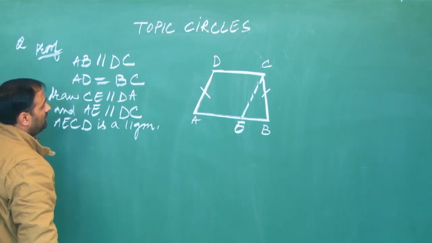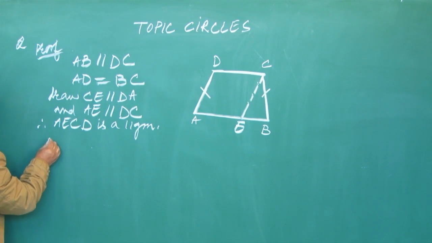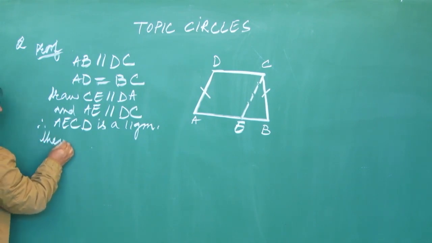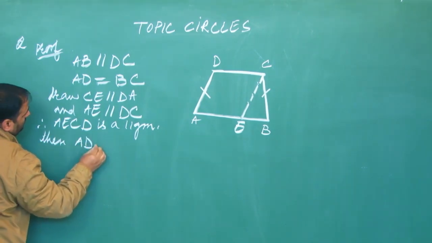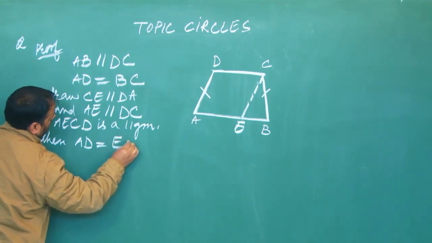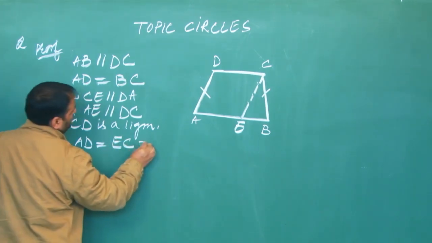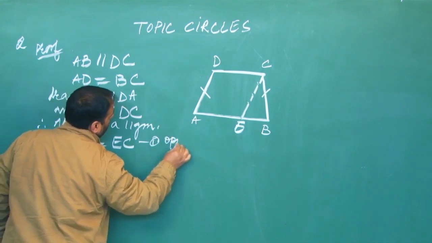So when it is a parallelogram, then its opposite sides are equal. Then AD is equal to EC. Opposite sides of a parallelogram are always equal.